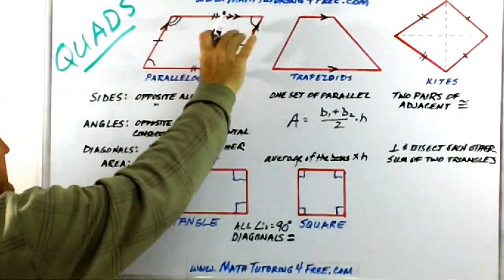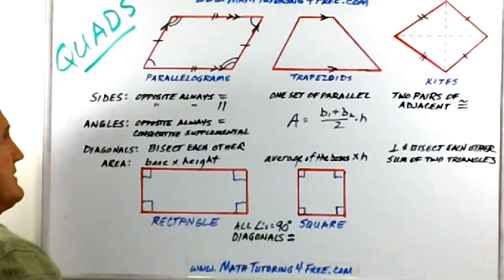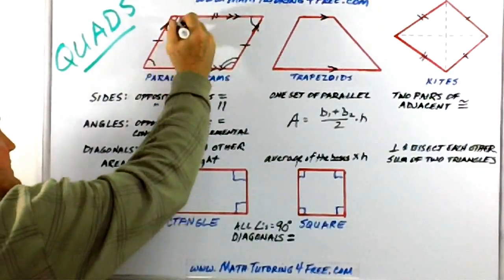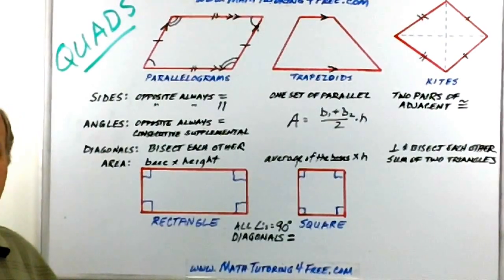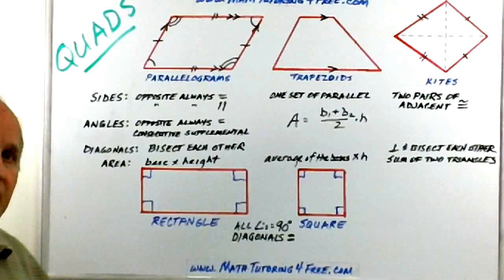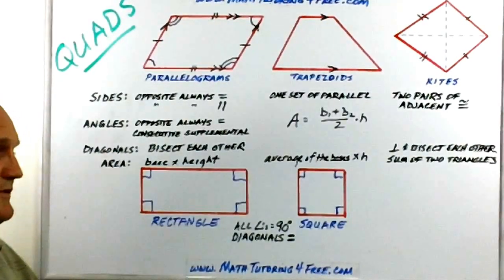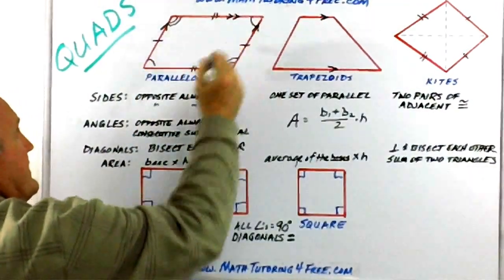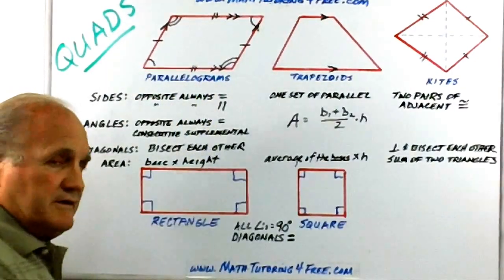If we just take the top and bottom, those two parallel lines intercepted by a transversal, then these are both interior angles, aren't they, on the same side of the transversal. And if they're not equal to each other, they are then what? Supplemental. So the opposite angles are always equal to each other, and consecutive angles are supplemental to each other.